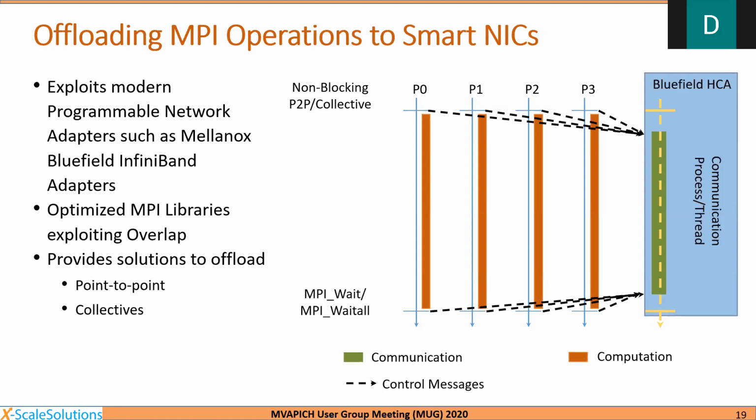We are trying to find the balance of what communication tasks can be offloaded to the smart NIC and still be beneficial from the overall computation perspective. So the main idea is to explore and optimize the overlap between computation and communication. The solution includes point-to-point and collectives, and in this talk, we'll focus on the collectives first.